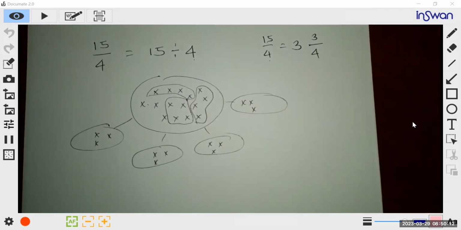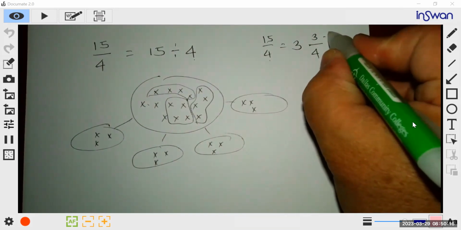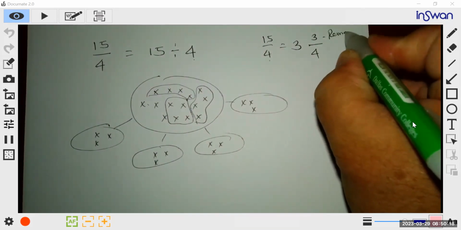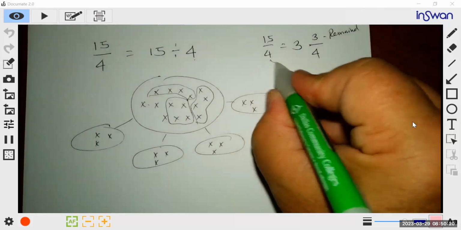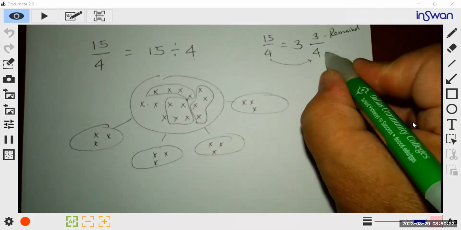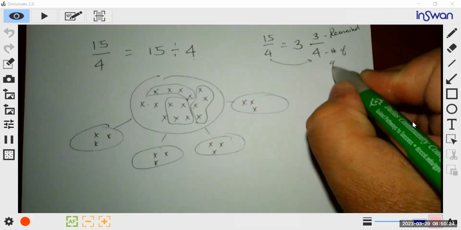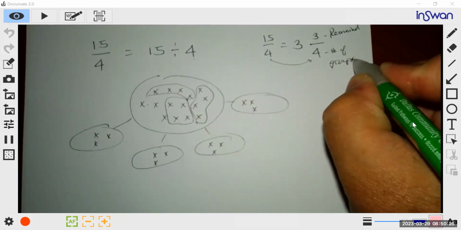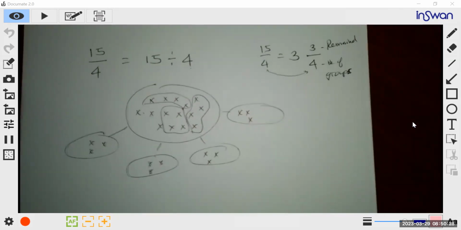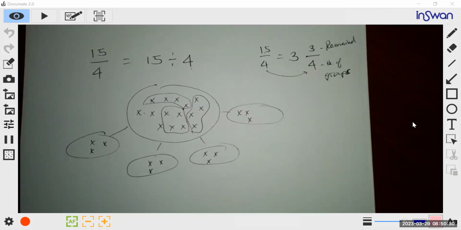So that's what we're going to have left. These are remainders. And this is your denominator, the number of groups. We'll talk about mixed numbers later.